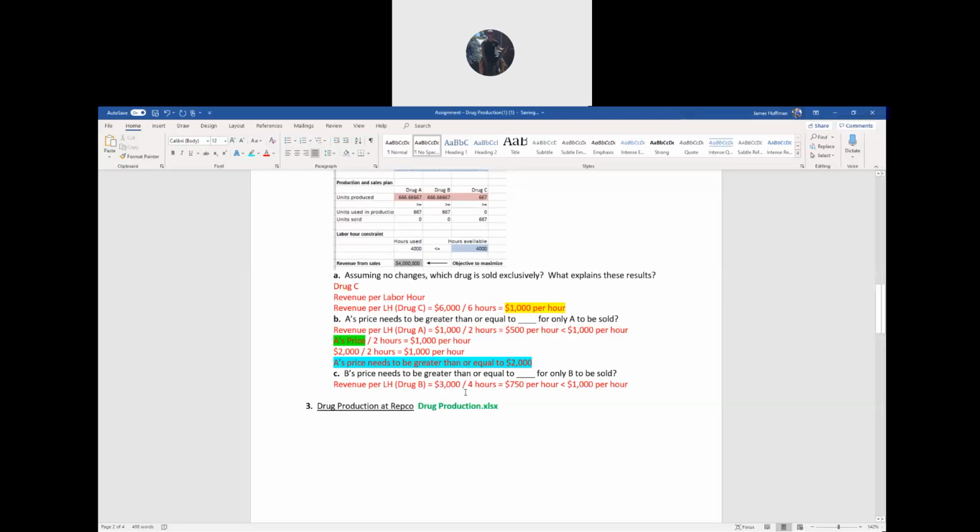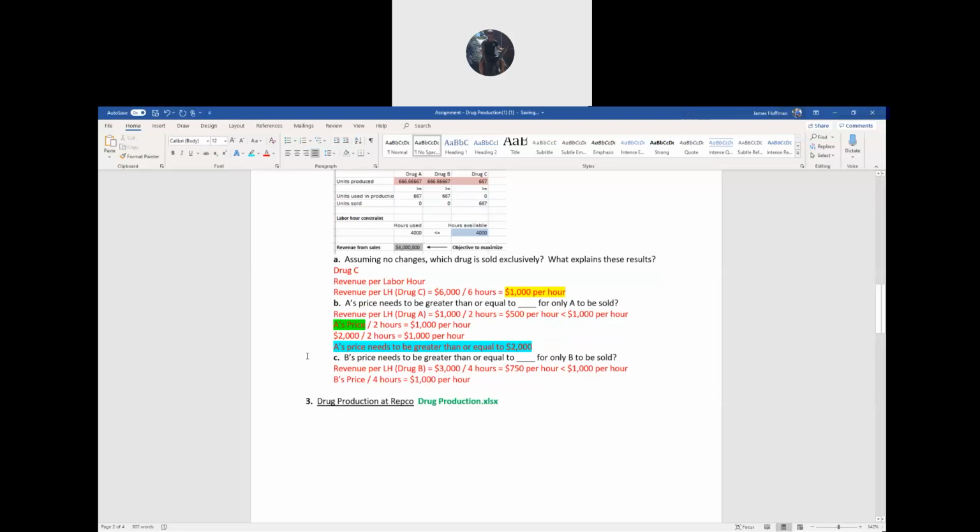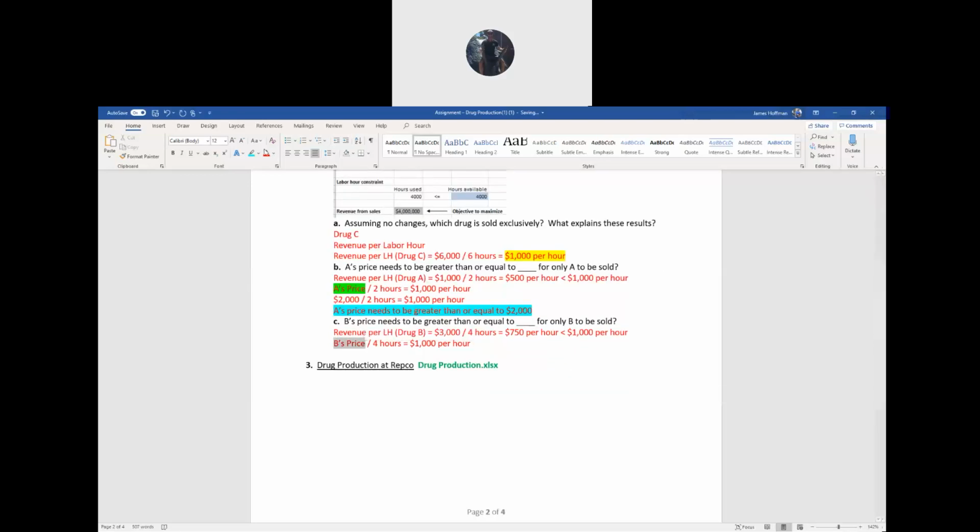We're trying to figure out the price divided by 4 that would give us 1,000 per hour, which is going to be 4,000. So what divided by 4 is 1,000? That is 4,000.